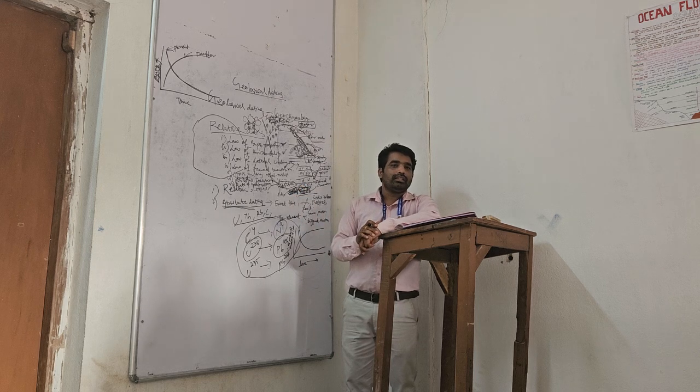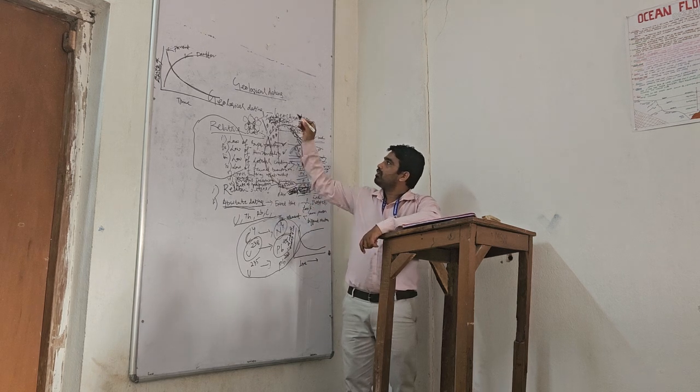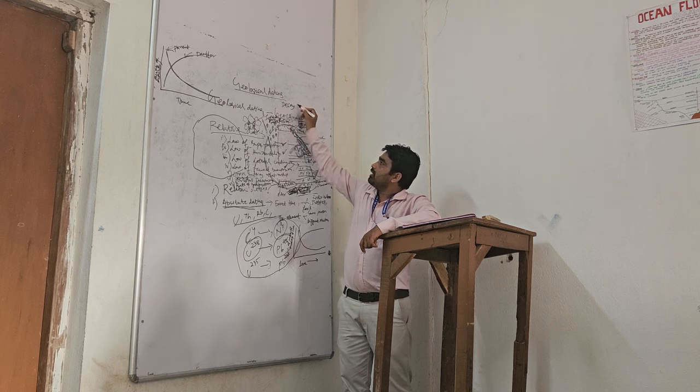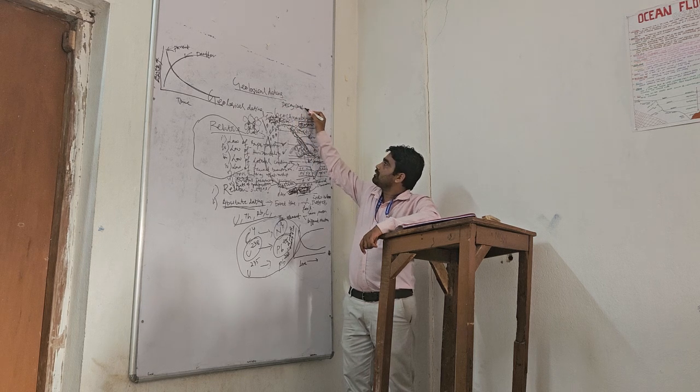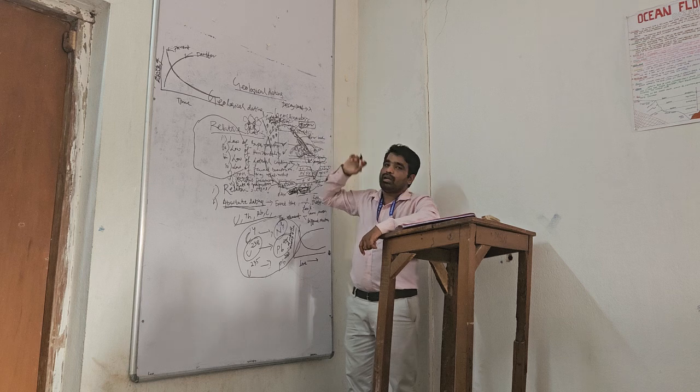Radiogenic means the amount is decreasing in a constant manner, which is called the decay constant, denoted as lambda.